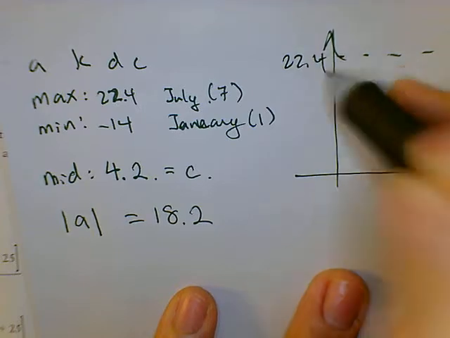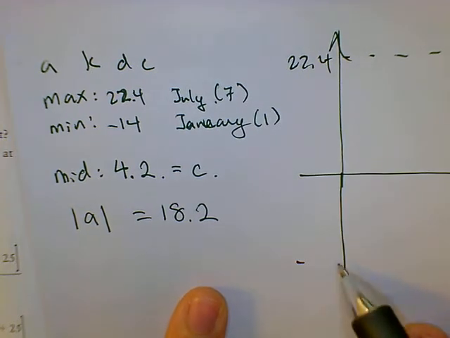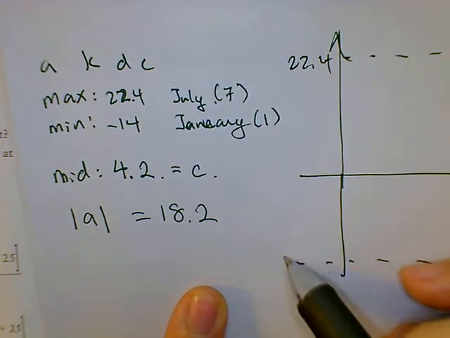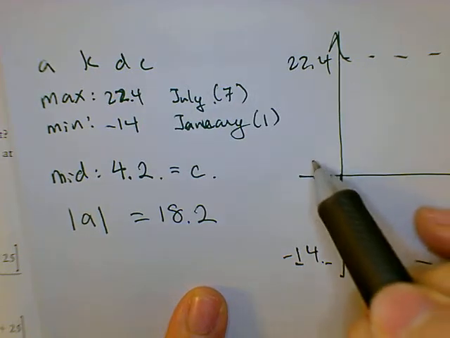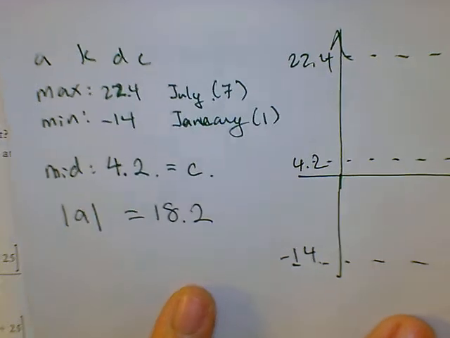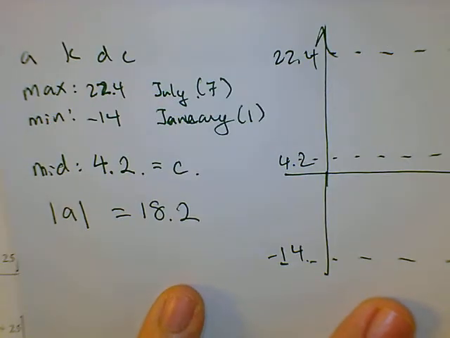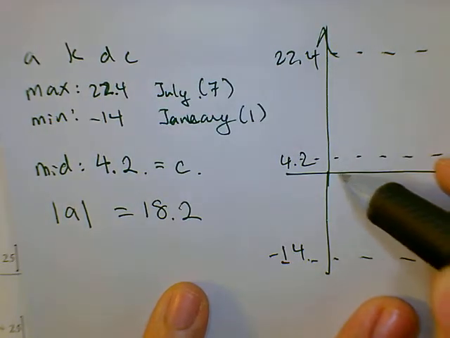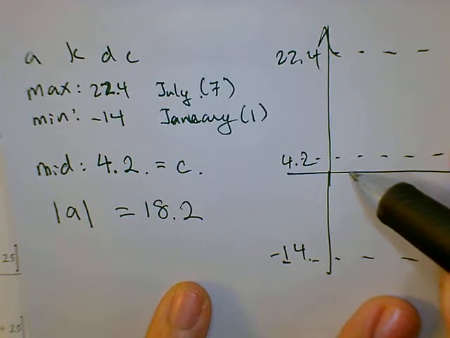My min, negative 14. My midpoint is 4.2. I guess you could do 0, but let's just keep it simple.